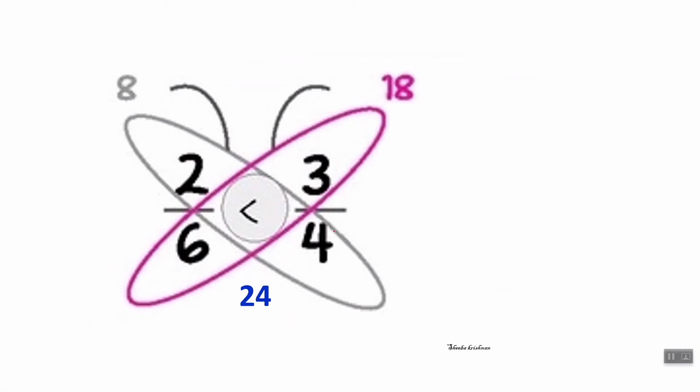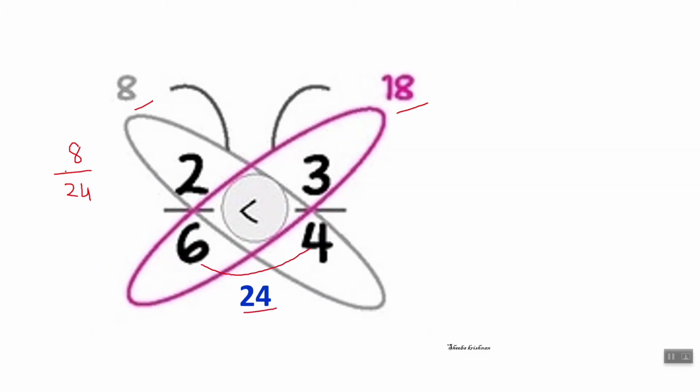Let us take another example here. 2 by 6 and 3 by 4. So we multiply 2 and 4. 2 times 4 is 8. Then when we multiply 6 and 3, 6 times 3 is 18. So here 6 times 4 is 24.